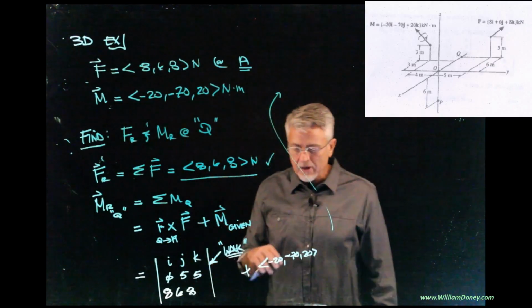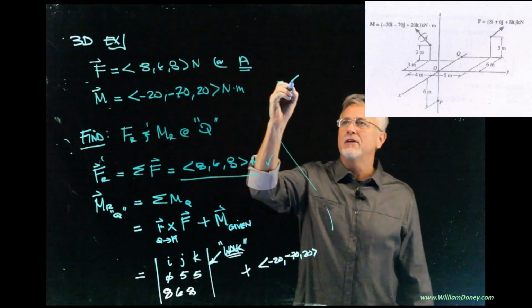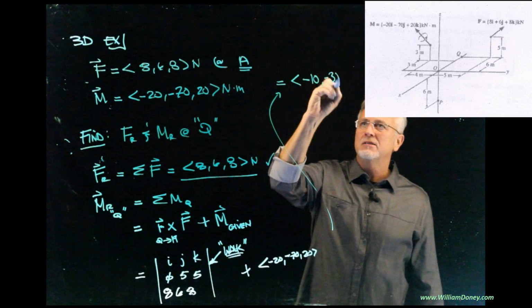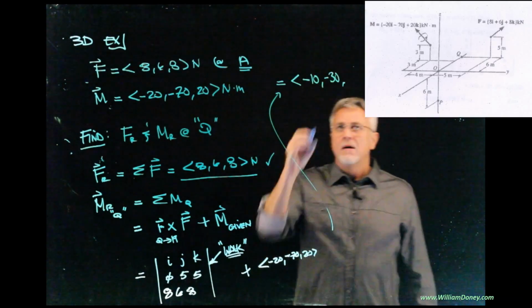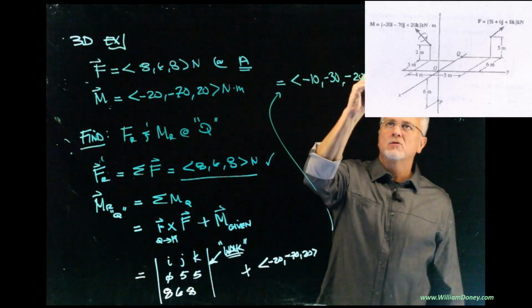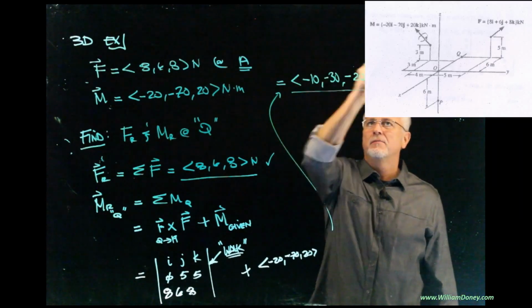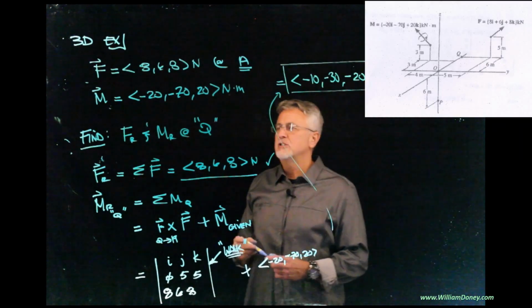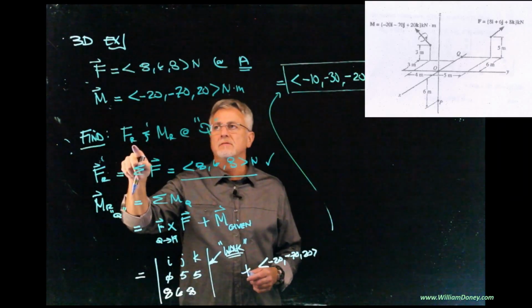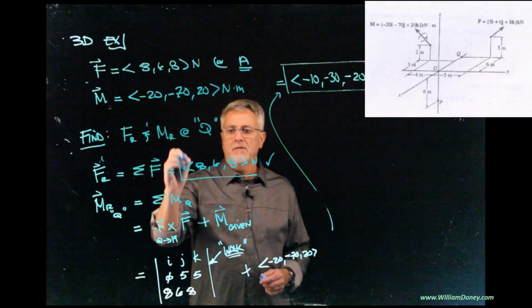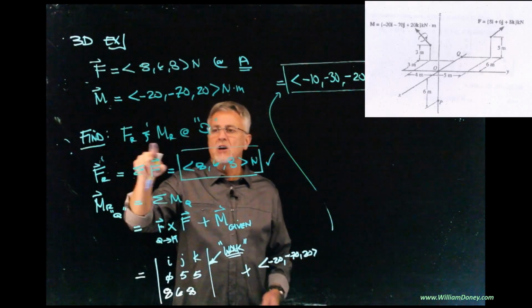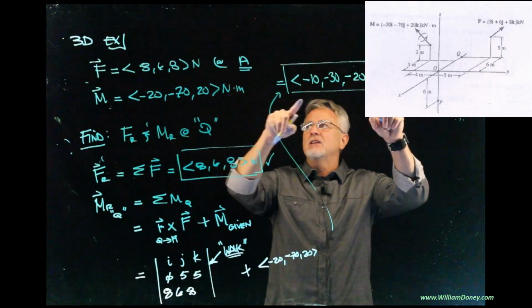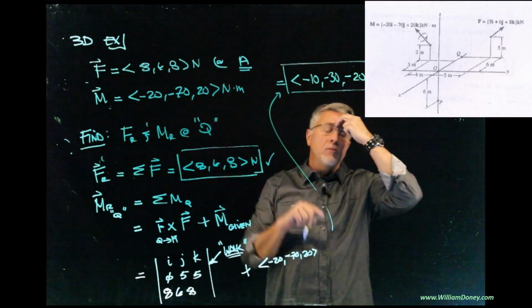So if I go through all that mess, I should come up with a final answer here of minus 10, minus 30, minus 20 Newton meters. So to answer my original question, the resultant force, this one right here, resultant couple moment, this one here due to the force acting at Q, and the given moment.